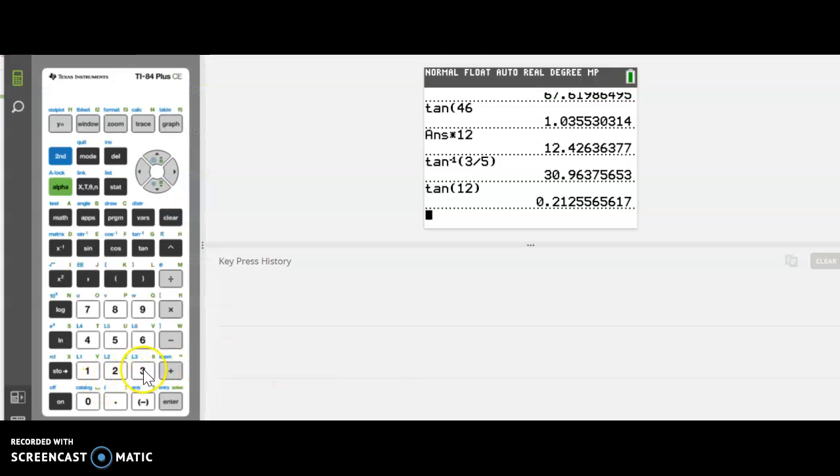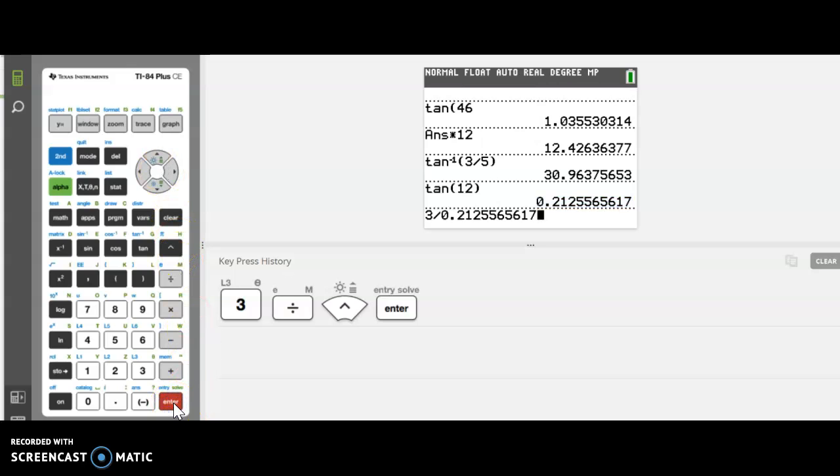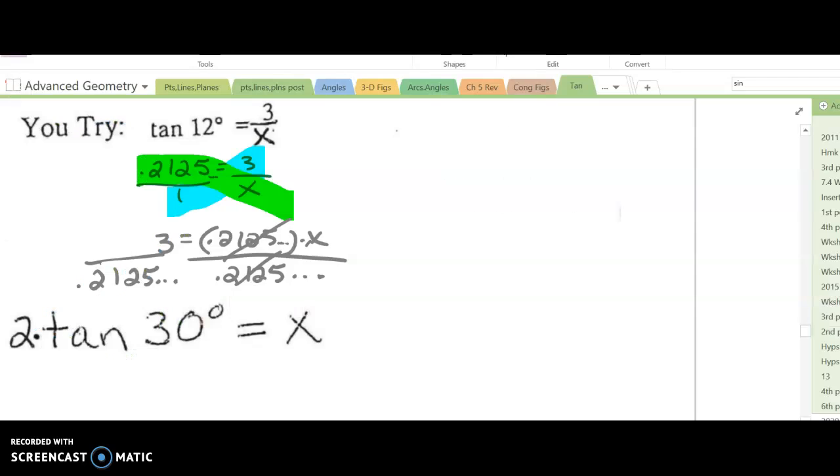So here's my tan 12, then 3 divided by, and then if you'll arrow up on top of that 0.2125 and hit enter, it copies and pastes that 0.2125 into the line that I'm currently entering, and so I don't have to physically retype all those decimals. So 14.1 is approximately what x is.